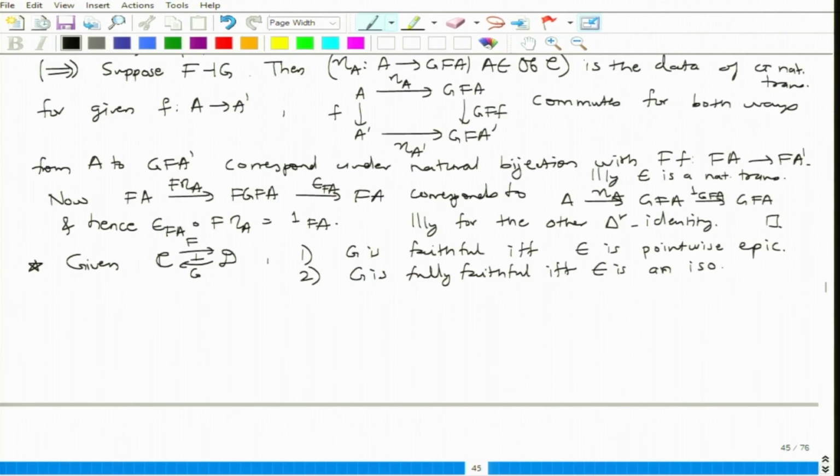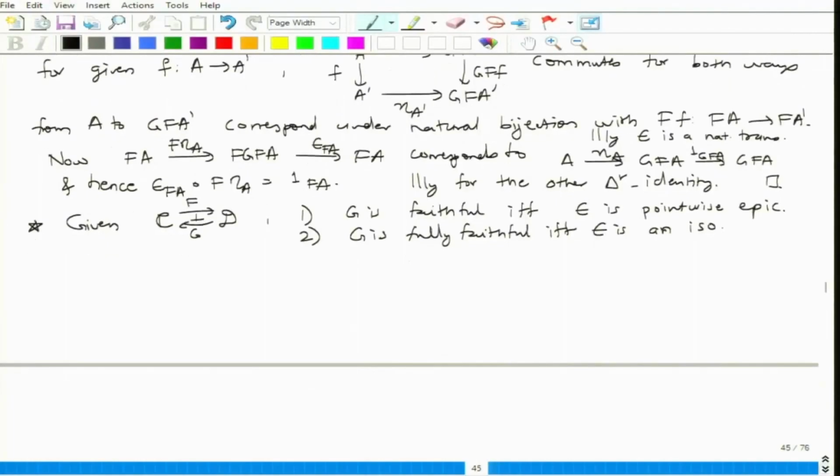Do you remember last time we looked at some examples and there was a specific class of examples where we said that G is fully faithful? What was it called? Reflection. Such an adjunction is called reflection. So the second statement over here is giving you a criterion for testing whether something is a reflection. Now recall, from abelian groups to groups, there is an inclusion functor. So you include an abelian group A as IA and then you abelianize IA.